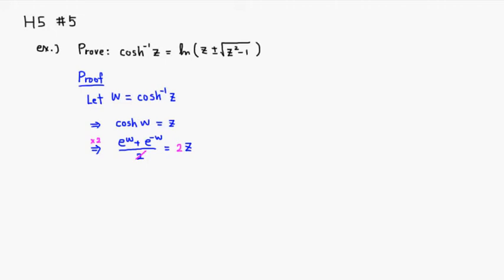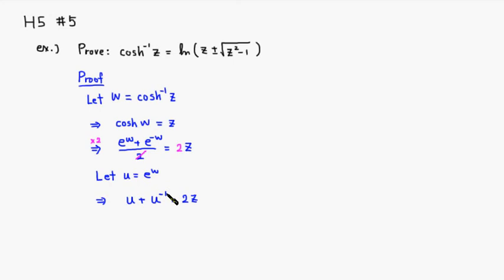Then the next step is we're going to use a substitution. Let u be e to the w. So the equation becomes u plus e to the negative w, which is u to the negative 1, equal to 2z.